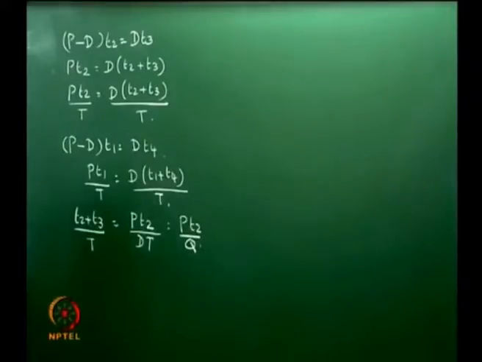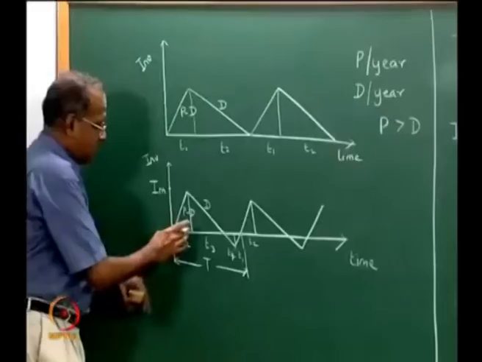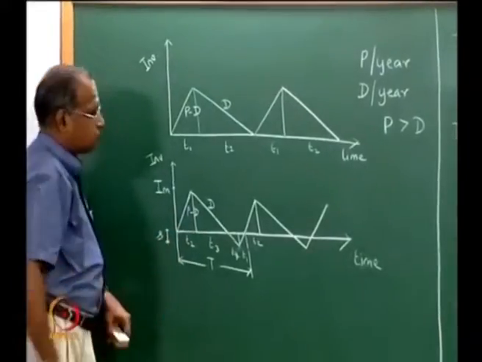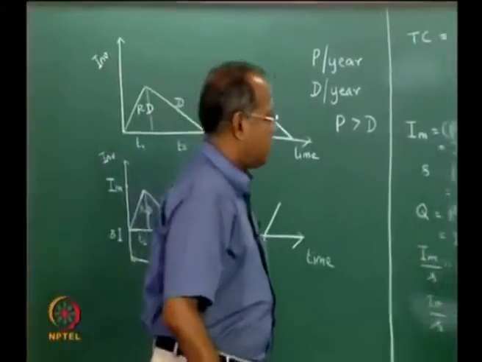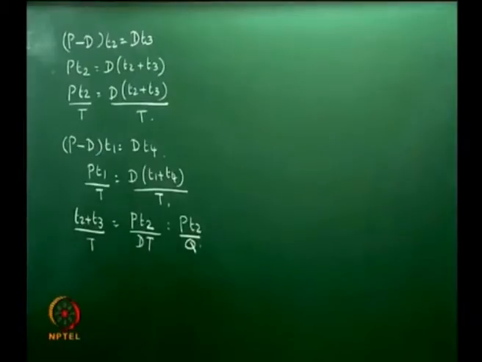Now we also have from here, we can have another relationship: (T2 plus T3) by T is P T2 by T.